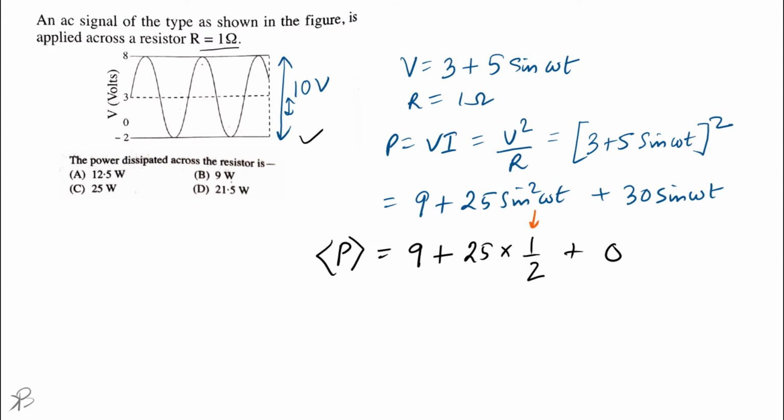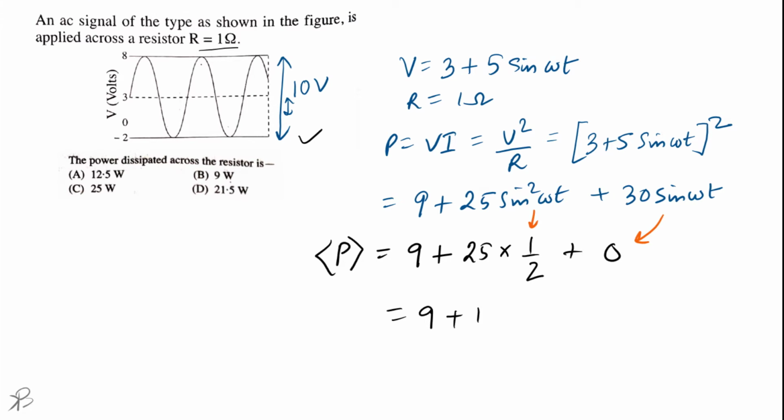That is, the average of sine square theta is half and the average of sine theta is 0. So we get 9 plus 12.5, which is 21.5 watt. So the correct answer is option D, which is 21.5 watt.